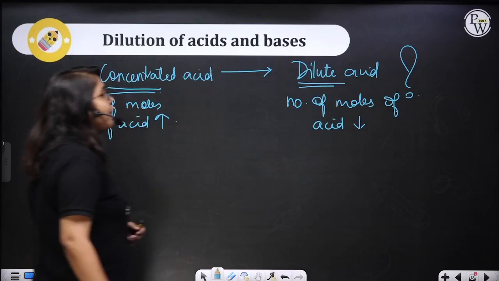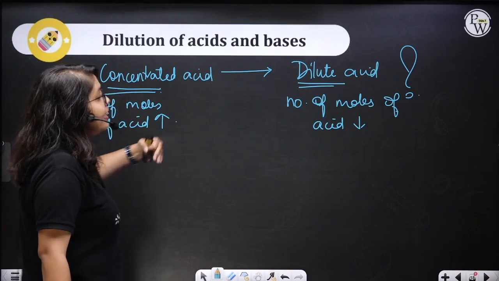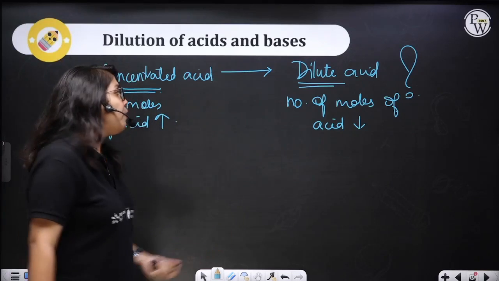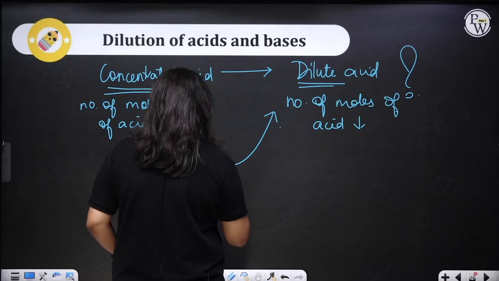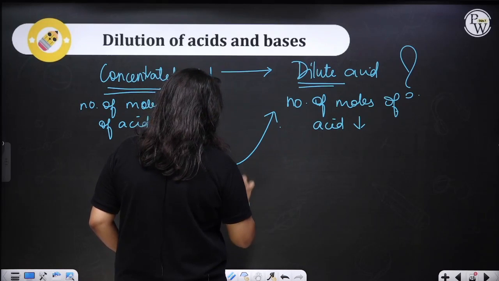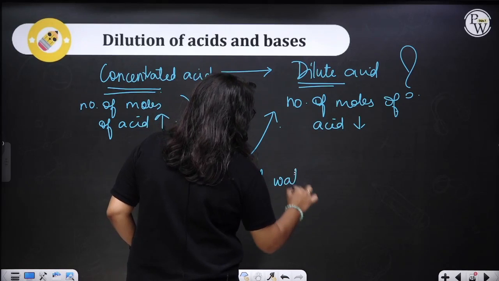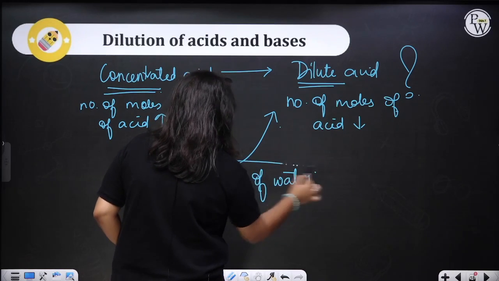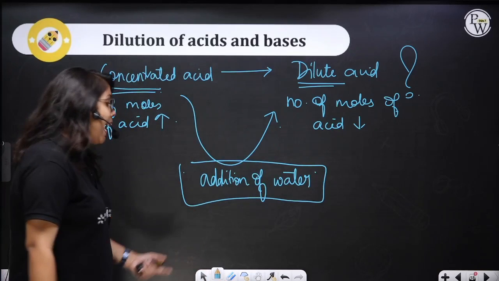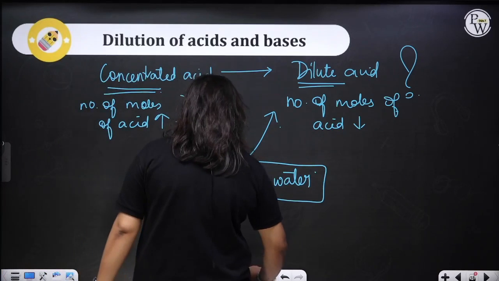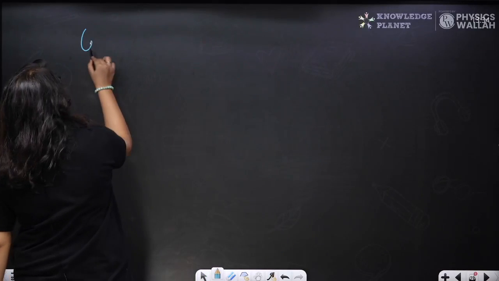Now we have to ensure that the number of moles of acid decreases. How do we do that? This can be done by the addition of water. But the question is, how do we add this water? Now there are two cases.